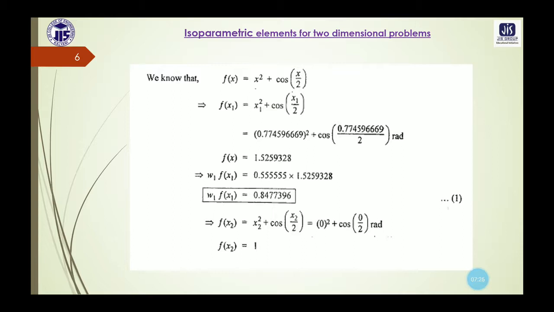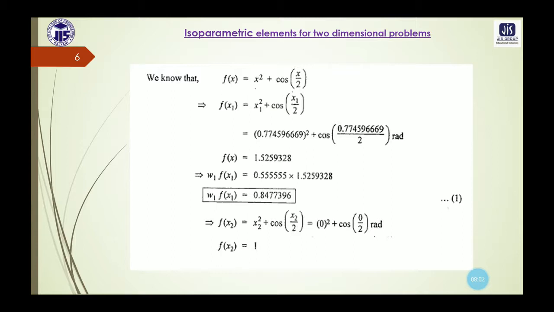Now the value of x1 is known to us from the table, so we put the value of x1 here, and finally we calculate the value of f(x1), which is coming as 1.5259328. Now we multiply this value with w1 and finally we get the value of w1 f(x1) as 0.8477. So this is our equation number 1. In a similar manner, we need to find the value of w2 f(x2) and w3 f(x3), and finally sum these three up.